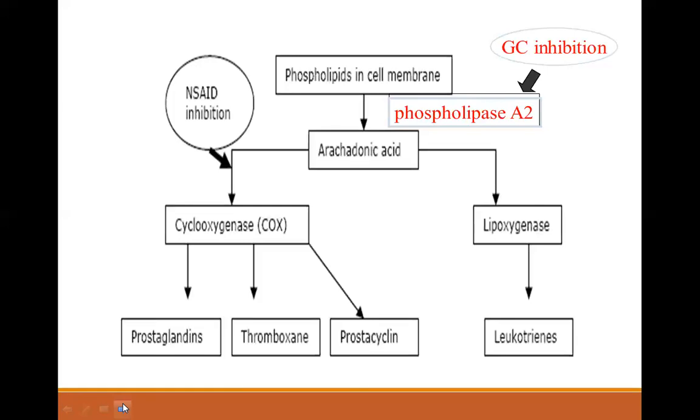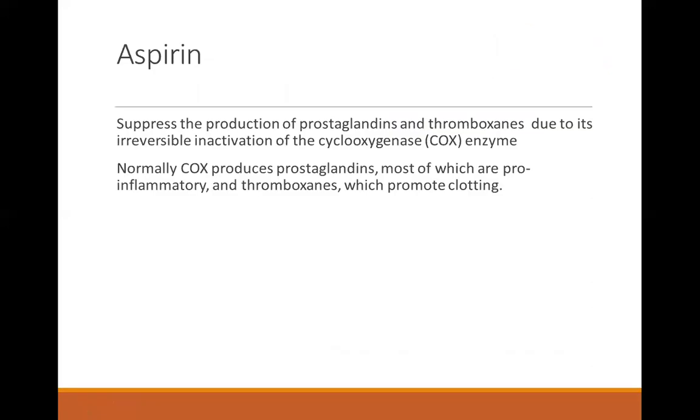That means thrombus formation cannot occur, and that can cause bleeding. So when somebody is using an NSAID, the bleeding tendency can be increased, right? Here you can see that when aspirin is used, prostaglandin and thromboxane production will be suppressed, as I mentioned.